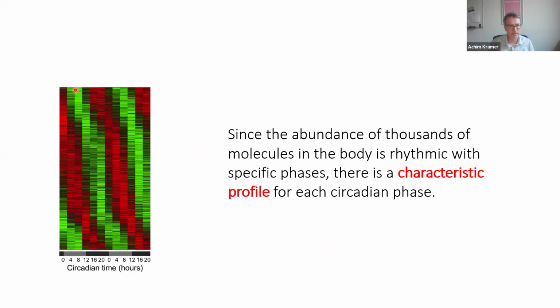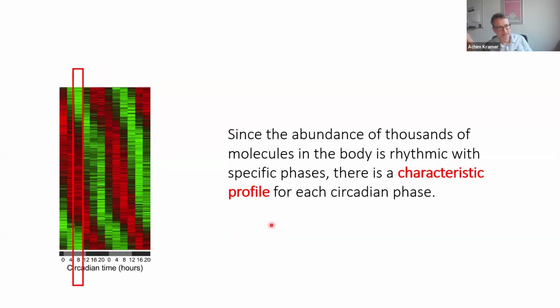And you see some genes are high at circadian time 4, others are low at circadian time 4, and so on. So you have specific phases. And for each time point, there's a characteristic profile of genes being high or low. So the time 8 looks completely different than the time 16.